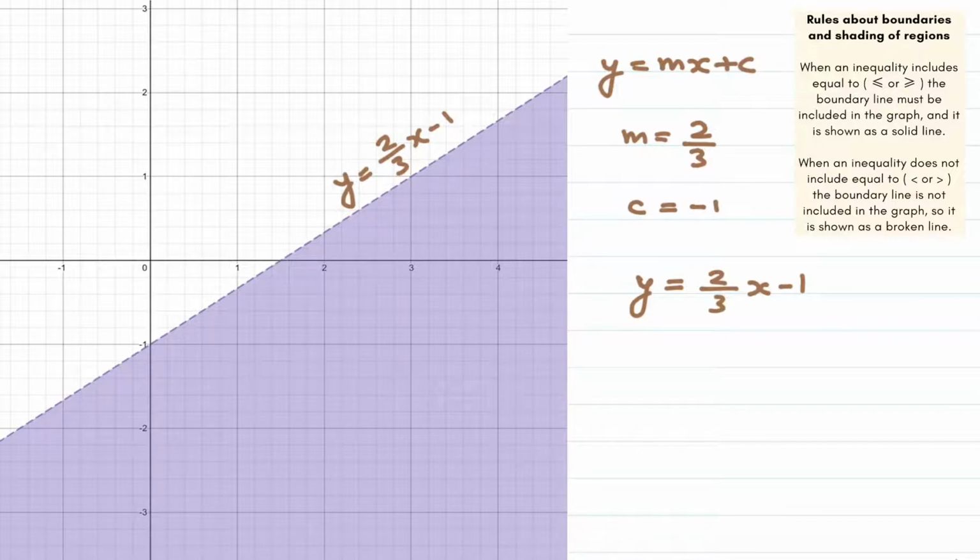The shaded region can be represented as y less than 2 over 3x minus 1, and the unshaded would be y greater than 2 over 3x minus 1.